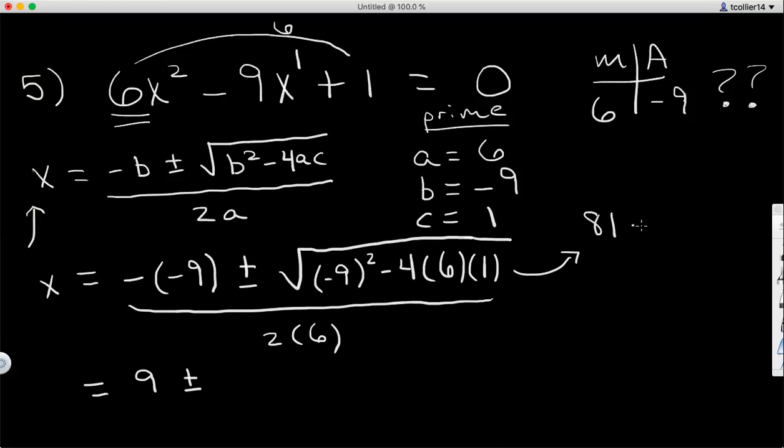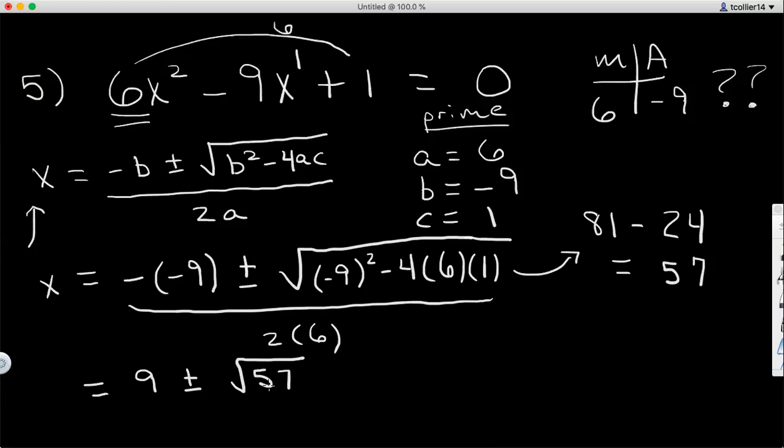And then I'm subtracting something from it, right? I'm subtracting 4 times 6 times 1, which is 24. So 81 minus 24, what's that going to be? That's going to be 57. So under the square root, I'm going to have 57.